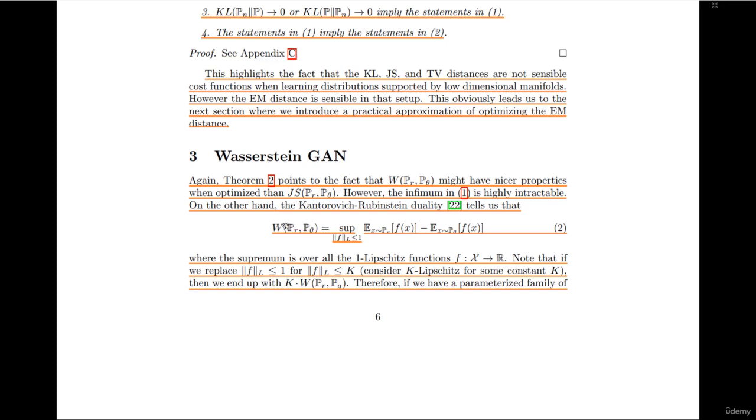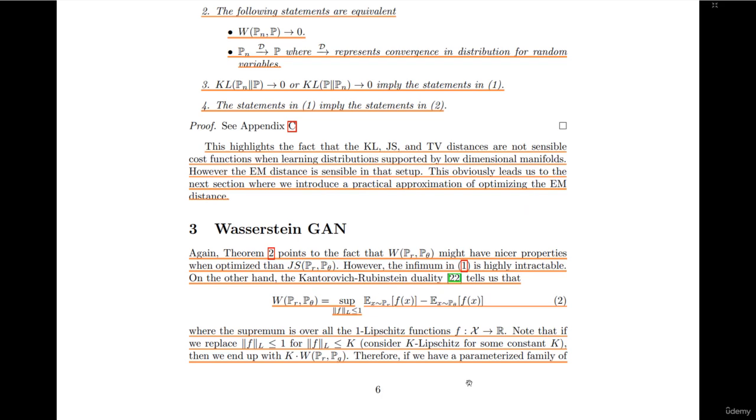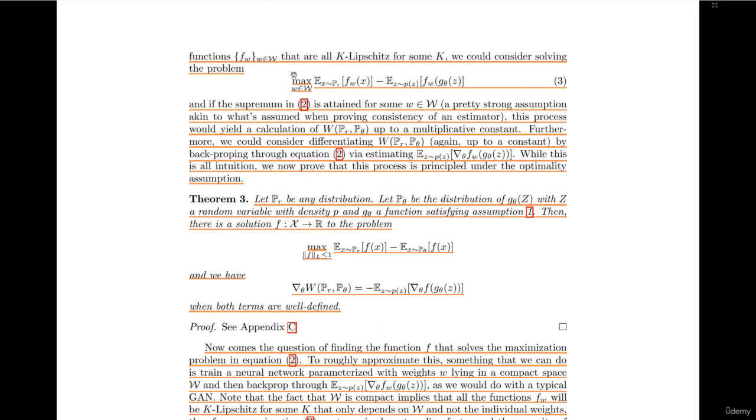So from here we note that if we replace this right here, because this is the Lipschitz function as we define it right here, we end up with K times the EM distance between PR and PG. Therefore, if we have a parameterized family of functions that are all K-Lipschitz for some value of K, we could consider solving the problem of maximizing the expectation minus this other expectation, where x is drawn from the real data and z drawn for the fake data.